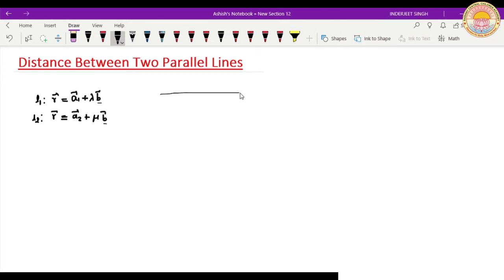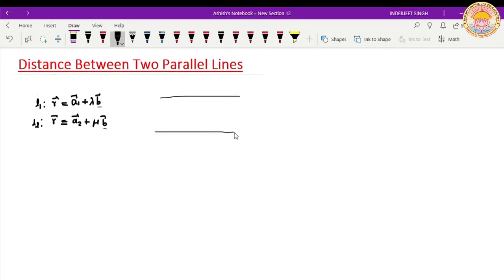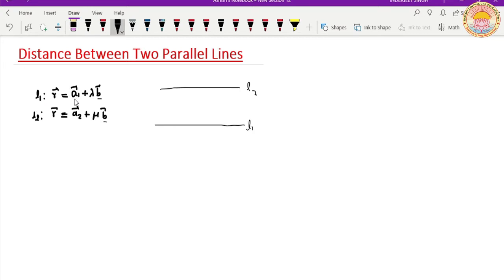Let us draw these two lines. Say these are our two lines L1 and L2. Line L1 is passing through a point whose position vector is A1. So let this be point S, whose position vector is A1.